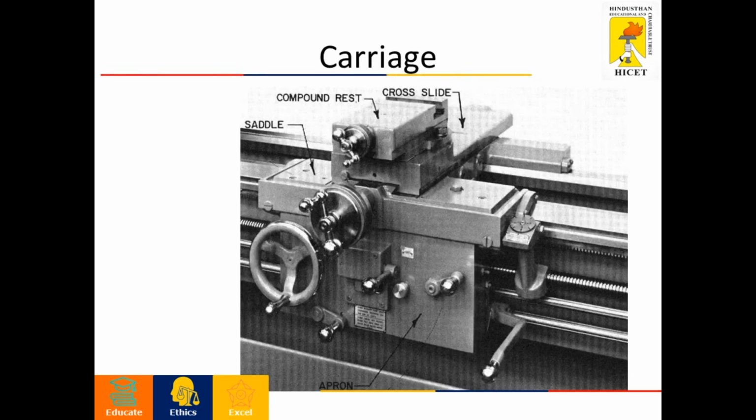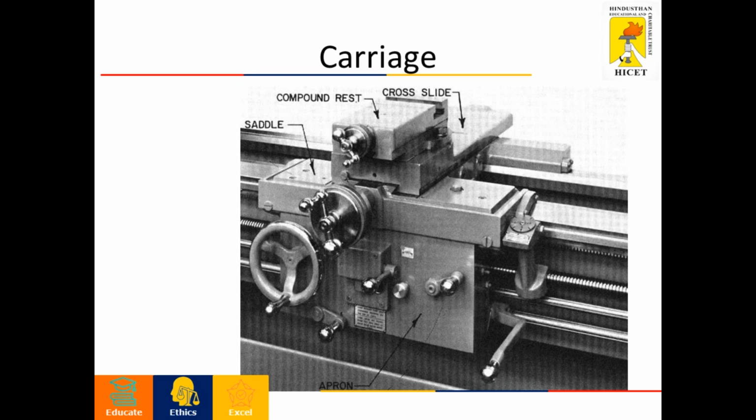The carriage is located in between the live center and dead center, which are also called the headstock and tailstock. The carriage contains the saddle, compound rest, cross slide, etc., and also the hand wheel.